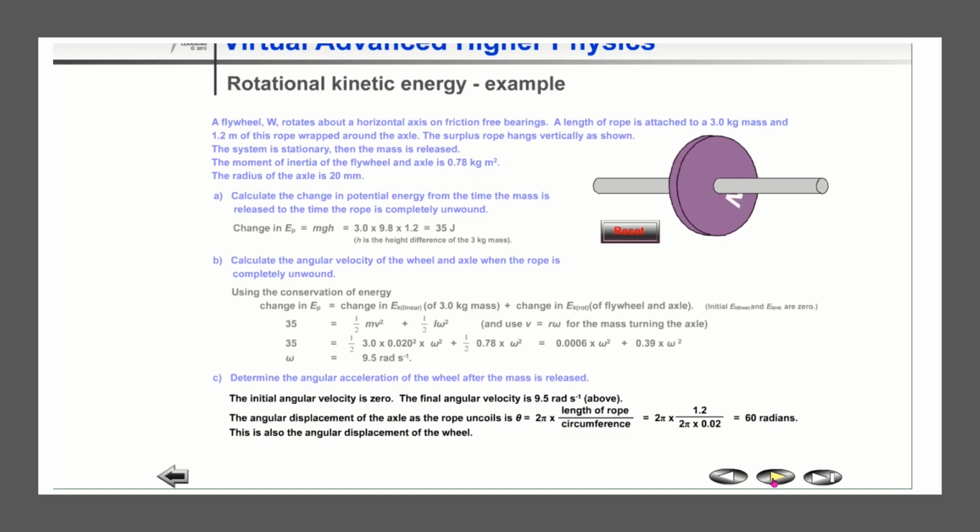This gives us 60 radians as the angular displacement. Substituting that into our equations of motion, omega squared equals omega naught squared plus 2 alpha theta, we get an angular acceleration of 0.75 radians per second squared.